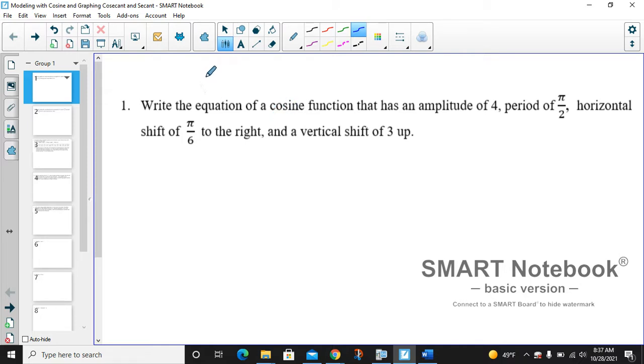So the standard form of a cosine function is y is equal to a times the cosine of bx minus c, all plus d. Essentially we are going to have to find the a, the b, the c, and the d, and then just place them into this equation.